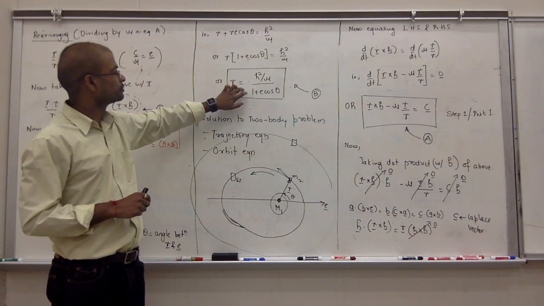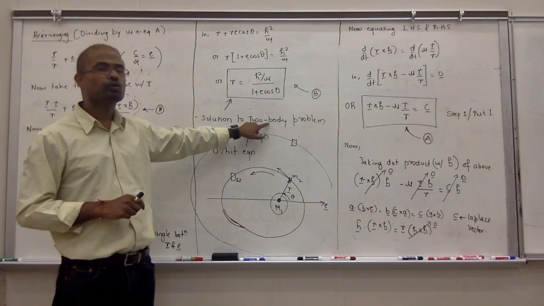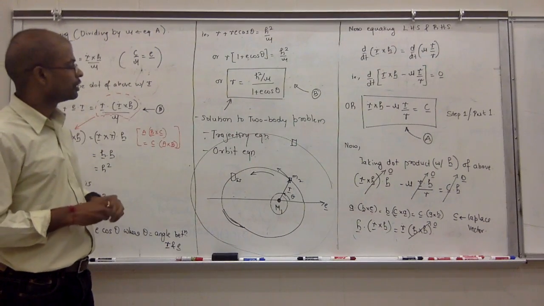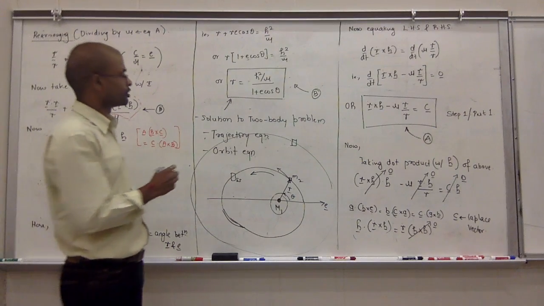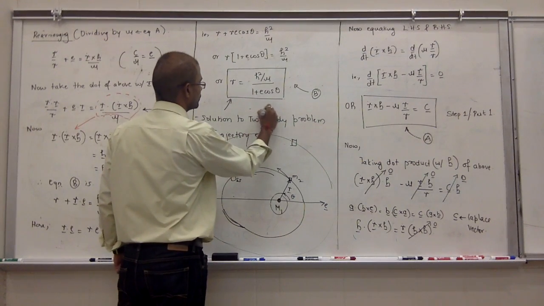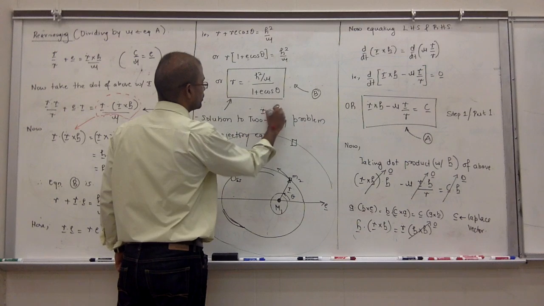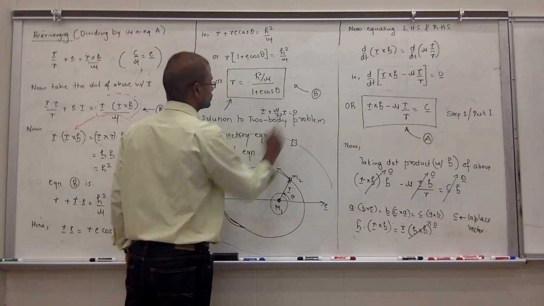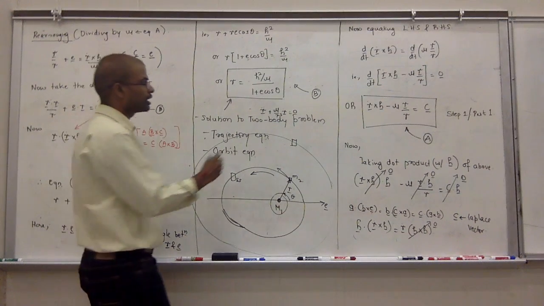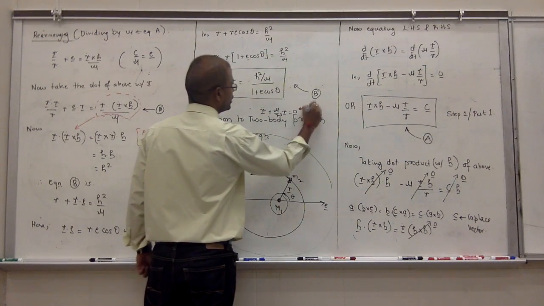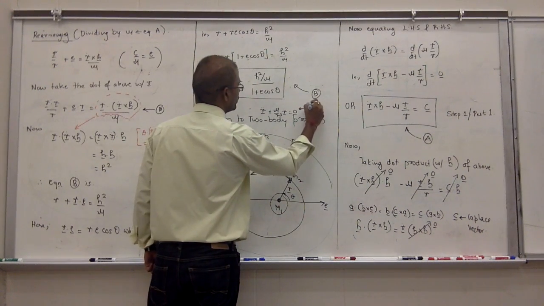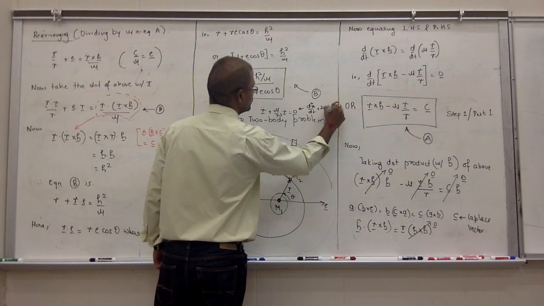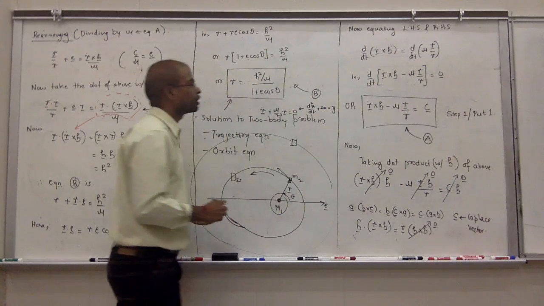This equation is the solution to the two-body problem. Remember what our statement for the two-body problem was. It was r double dot plus mu over r cubed times r is equal to 0. Typically, if you compare this with any differential equation, let's say d squared x by dt squared plus 2x is equal to some y, what are you going to try and do?